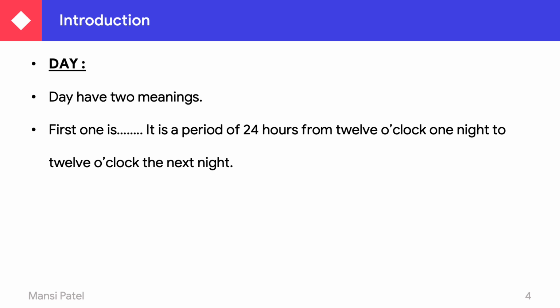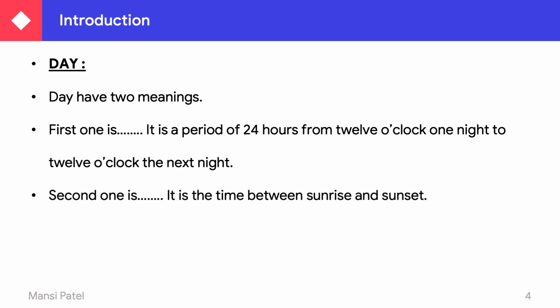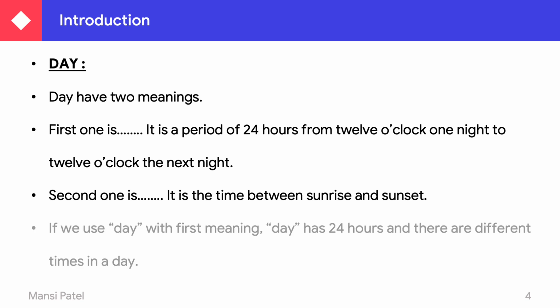And these 24 hours are divided into two parts. First part, 12 midnight to 12 noon, and then after 12 noon to 12 midnight. This is the duration of 24 hours. Secondly, we can say that the time between one sunrise and sunset is known as day also.